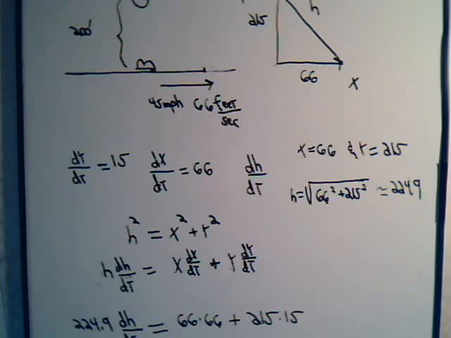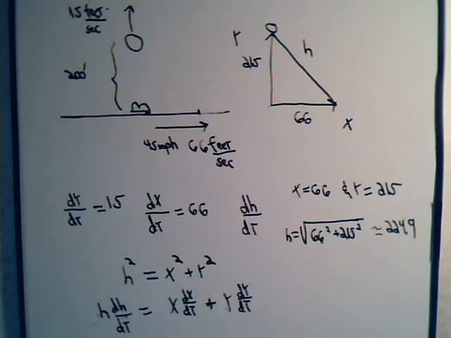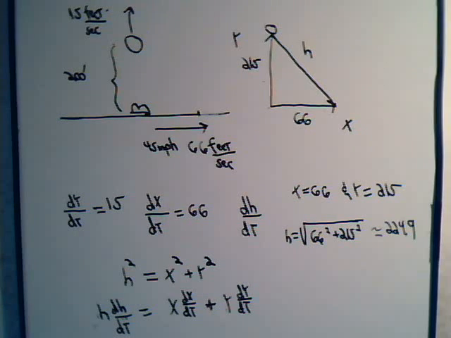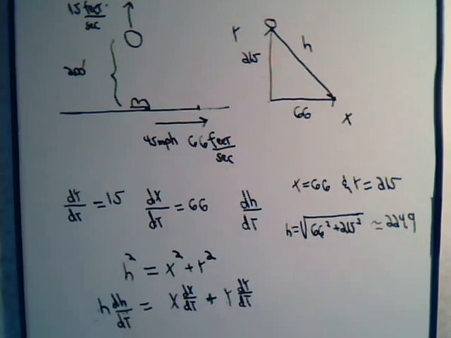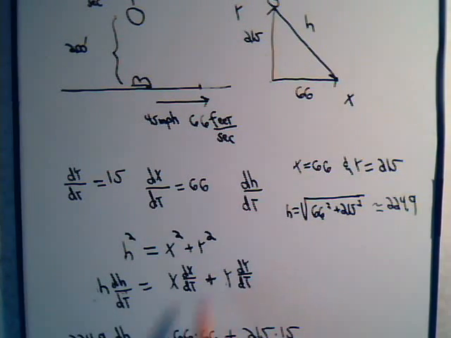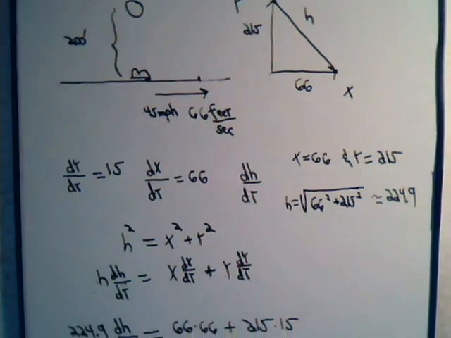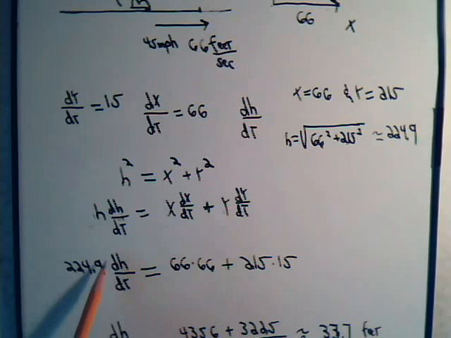So again, it's like the very first problem: you want to write down what is given to you. Here's the rate of change of the variable that you're supposed to solve for, and here is an equation that relates all the variables together. Once you do that, you're set up to take your derivatives, and with the remaining information in the problem, you're all set up to solve for dh/dt.